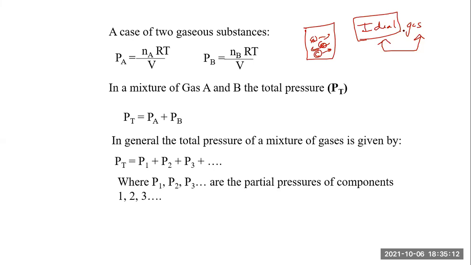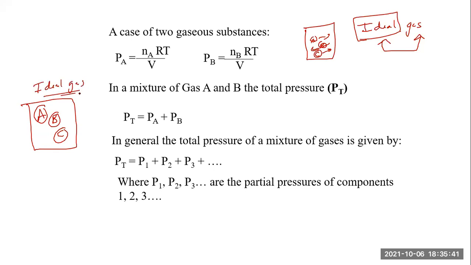And that is why when we do a problem like this, where we definitely have 3 different gases flying around, we could almost envision that each of these gases are in here by themselves. So, A is flying around by itself, B is flying around by itself, C is flying around by itself. And there's really no interaction between the 3 different gases in this container in an ideal gas situation.